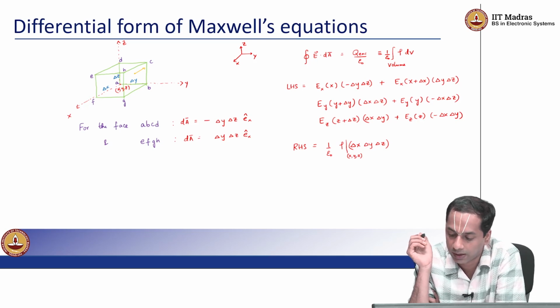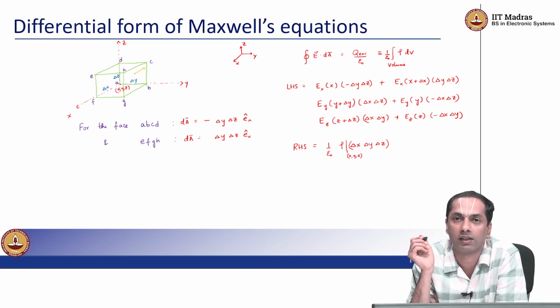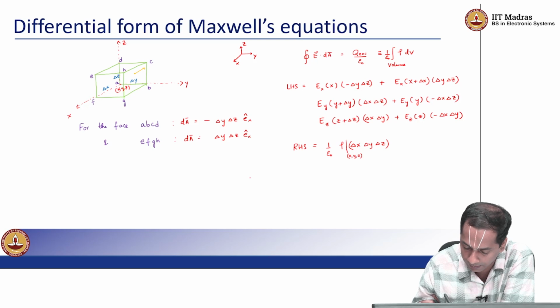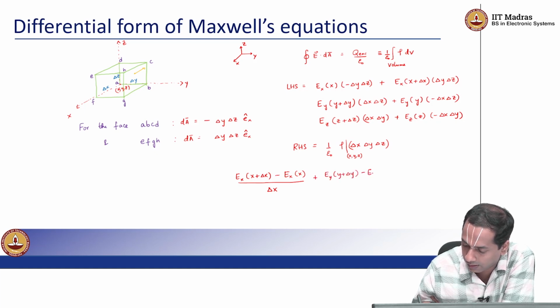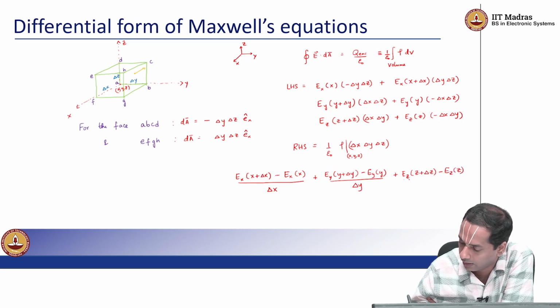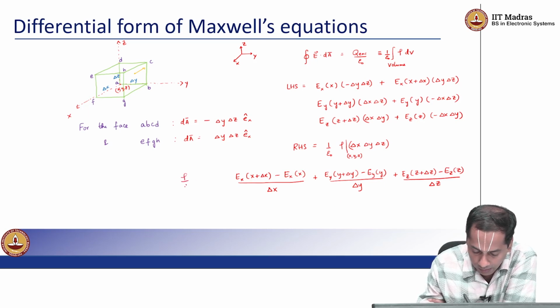We'll do the same thing: we divide by delta x, delta y, delta z throughout the left hand side and the right hand side, and you will essentially end up with the relation: Ex of x plus delta x minus Ex of x divided by delta x, plus Ey of y plus delta y minus Ey of y by delta y, plus Ez of z plus delta z minus Ez of z by delta z, is equal to rho over epsilon naught.